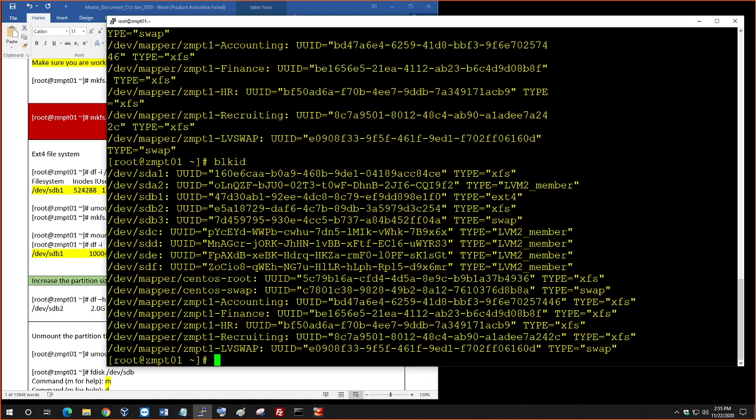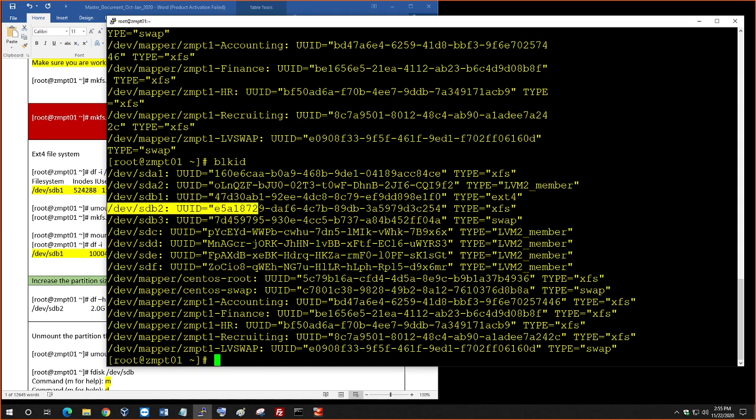So you could have a multiple file system on the LVM also. Okay, but desirably you should be using XFS file system. I haven't seen anything else other than XFS file system in my work environment. Okay, so this is the most you will be using here.